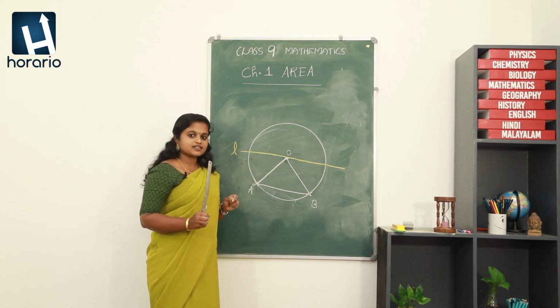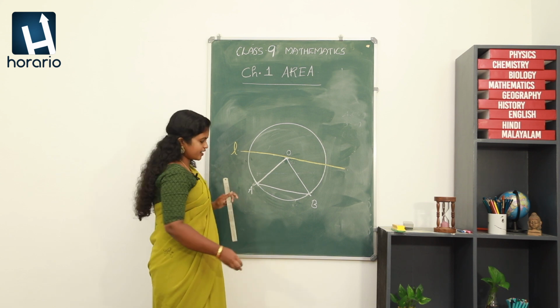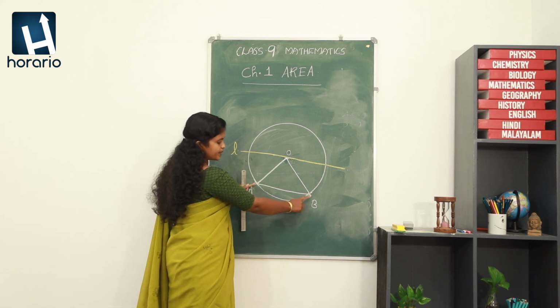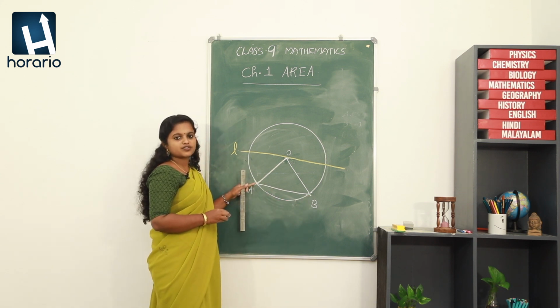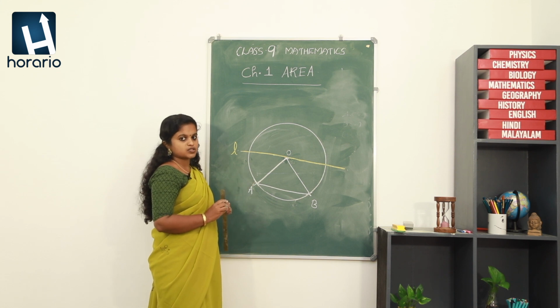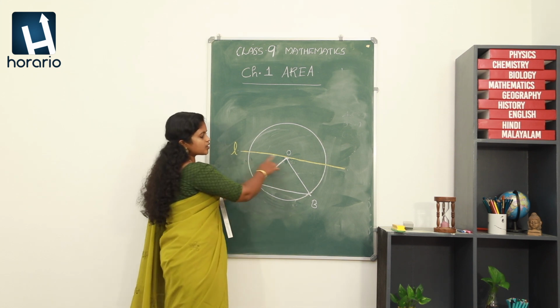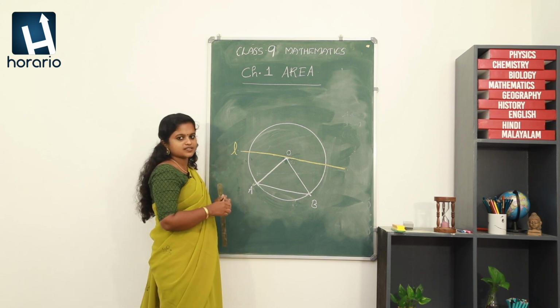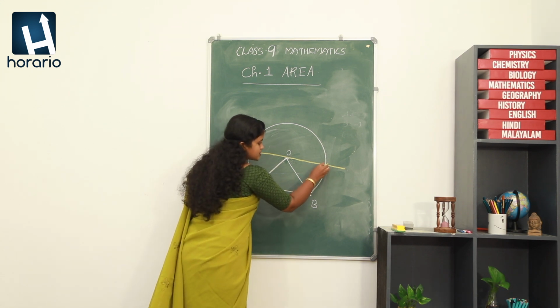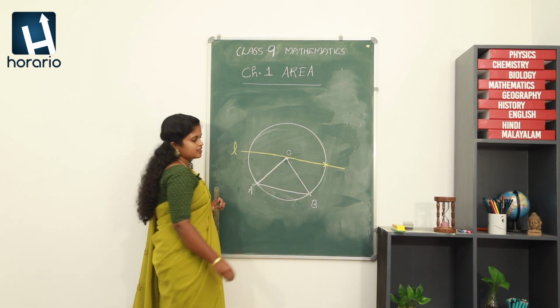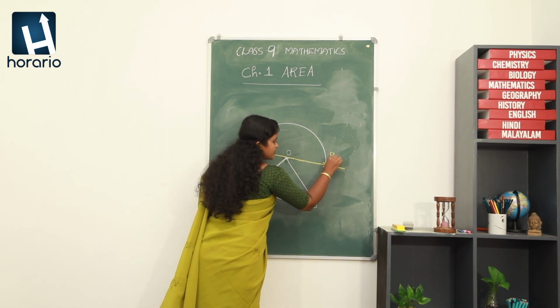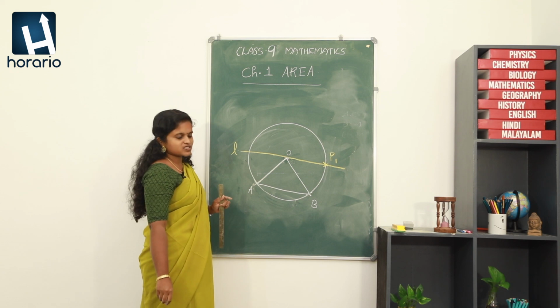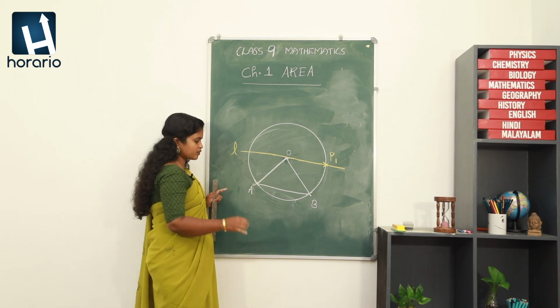All three vertices should be on the circle. So we already have A and B on the circle. Now we just need to find the third vertex. So where should it be? It should be anywhere on the line, and in order to get the point on the circle, we can take this point. Let me call it P1. Why did I name it P1? That we will discuss.